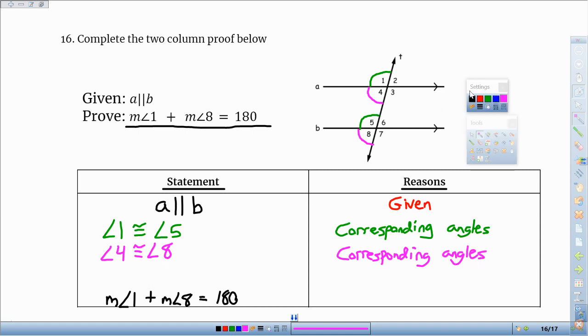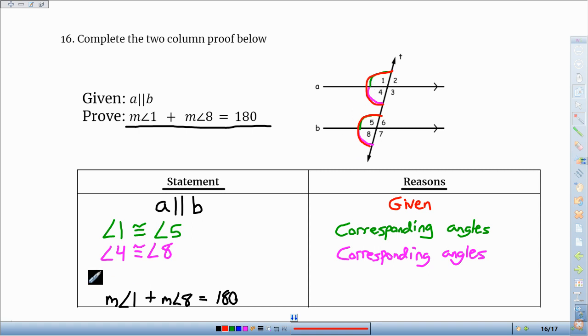Okay, here is where we have to make a logical leap. And here's what we can point out. Angles 1 and 4 are a linear pair, and that means they add to 180. Angles 5 and 8 are also a linear pair. They also add to 180.